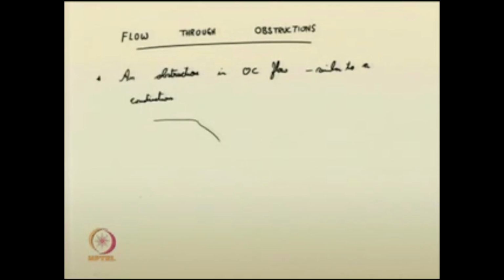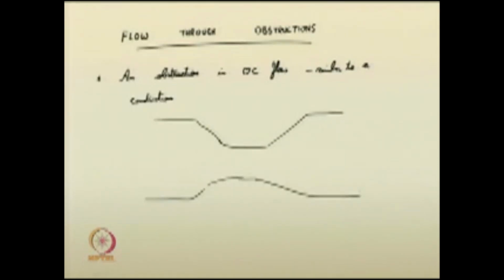Say in a stream, if all of a sudden due to some engineering works the stream is getting constricted in width, this is called constriction. Similarly, an obstruction is also a type of constriction in the width of the flow.